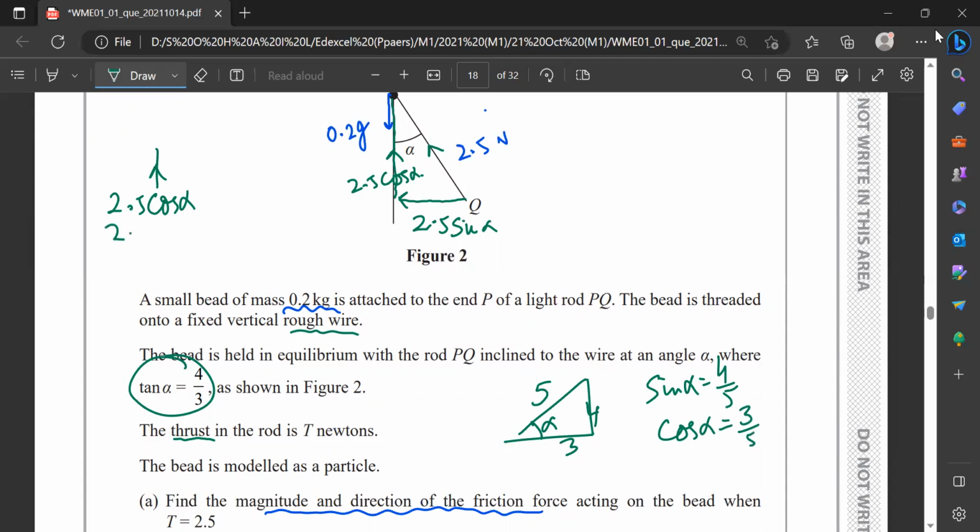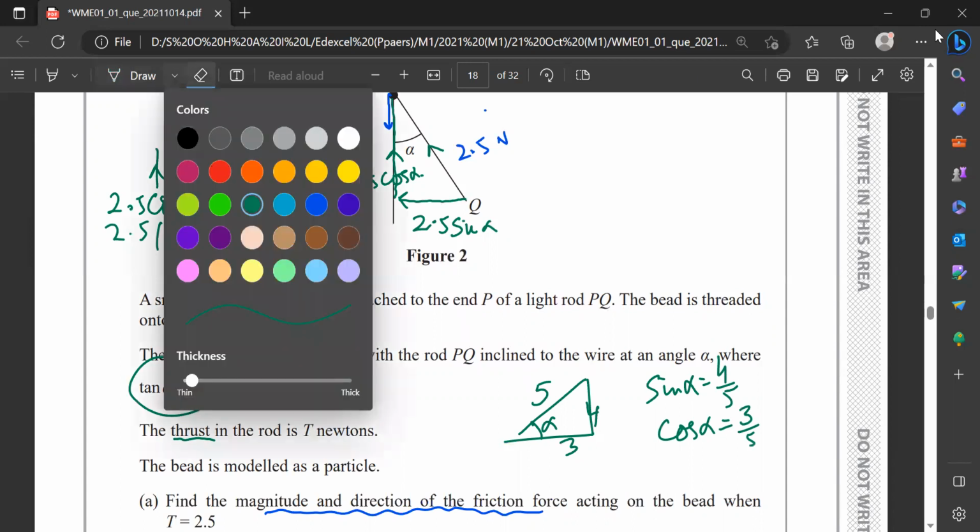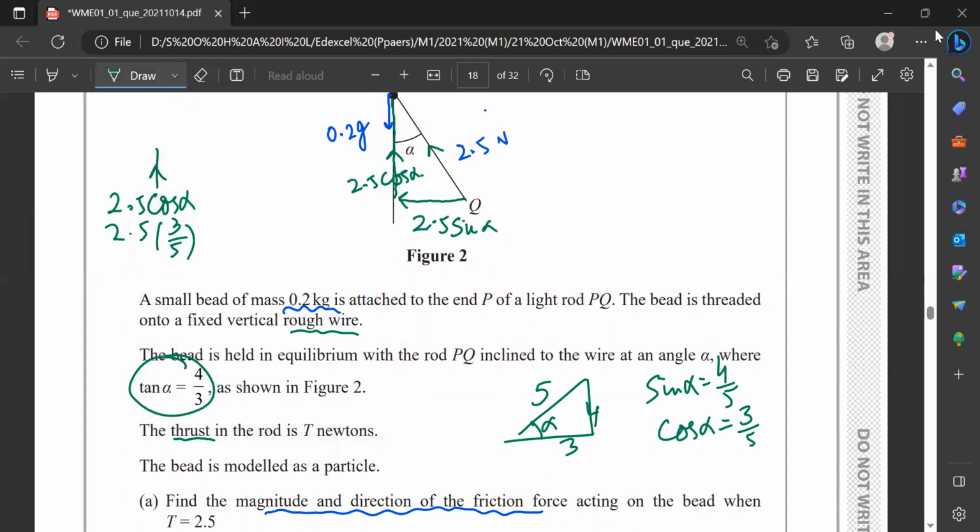So 2.5 cos alpha is 2.5 multiplied by 3/5, which is 1.5. 1.5 newtons is the force acting in the upward direction in this whole setup.